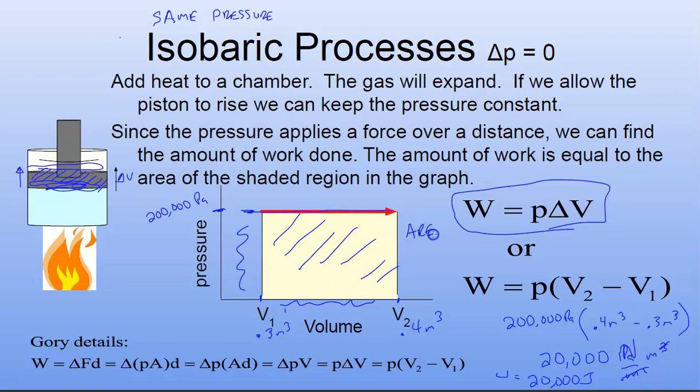Those of you that have had 10 cents worth of calculus know that the area under the curve is an important calculation, right? We do the integration to get that. So we can get the work here. This one is a simple rectangle, so we multiply the pressure times the change in volume, and that gives us the area under the curve.